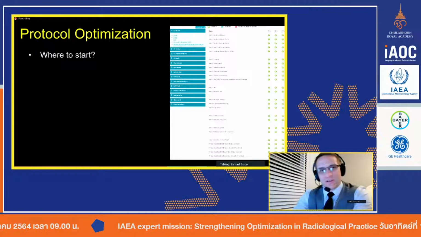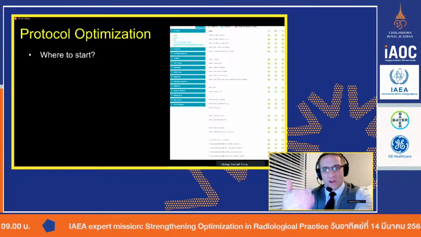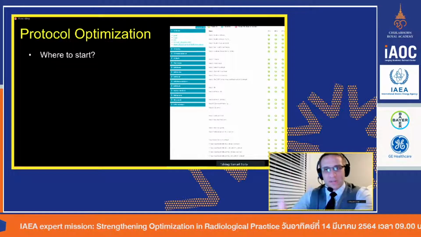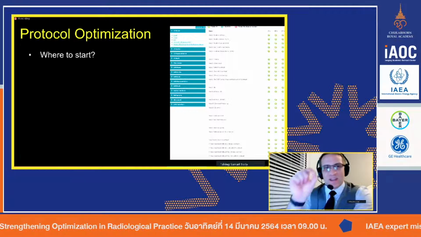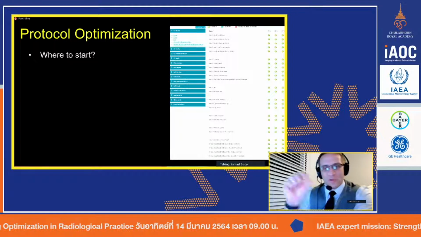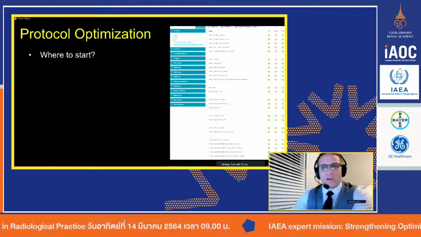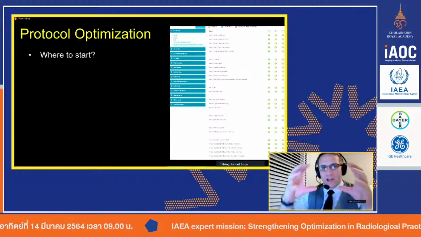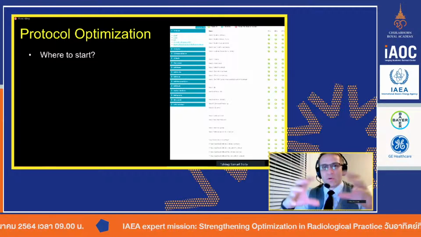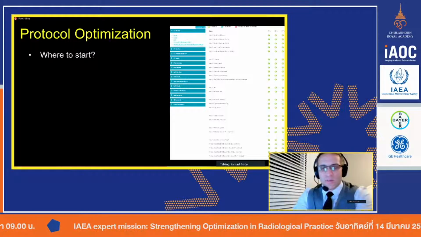The doctors that need the radiologist's help are not thinking image quality, they're not thinking particularly about this CT scan. They're saying, I need someone to help me rule out traumatic brain injury. And so we can think of image quality a little bit higher up. We can think of it as more of a protocol level optimization.